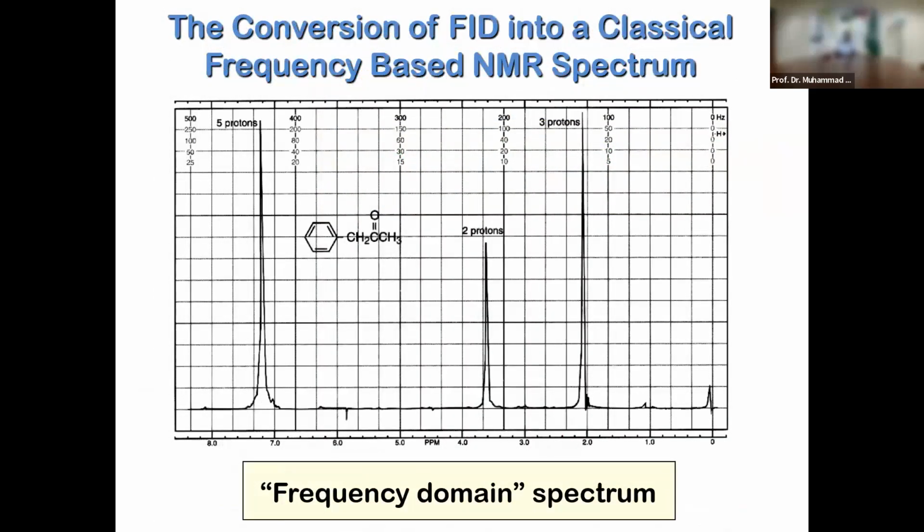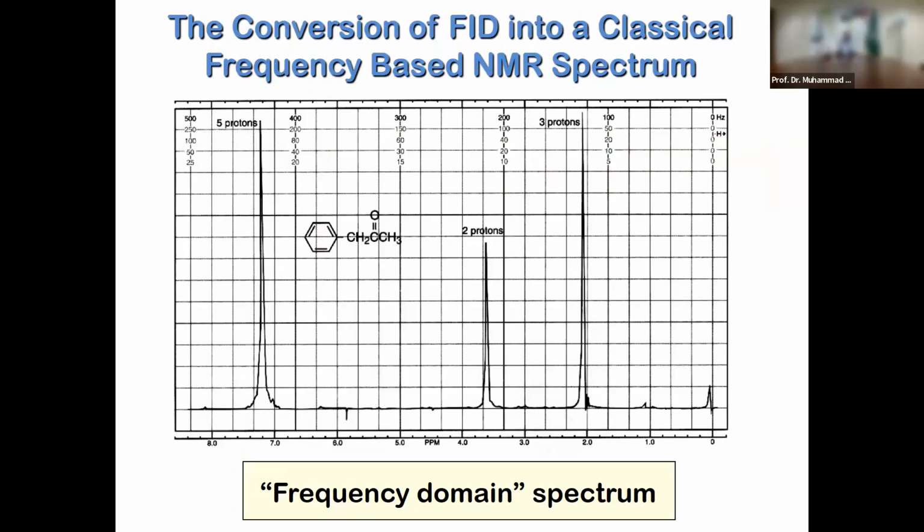Okay, so this is what you eventually get by pulse NMR spectroscopy: the FID of a molecule like this, which has broadly three different types of protons, will give you three different types of signals, because there are three FIDs which are converted by FT, Fourier transformation, and you get three frequency domain signals.